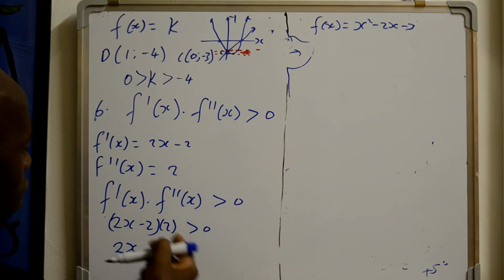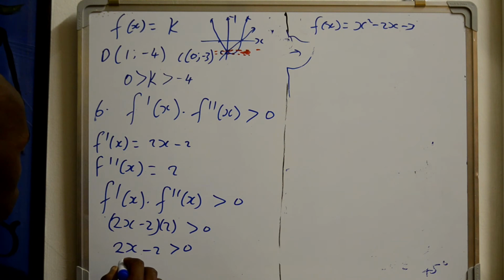Divide by 2, 0 divided by 2 is 0. So your x here must be greater than 1. So that will be the solution you get here. So those are the questions mathematicians want you to be able to solve. So x is greater than 1.